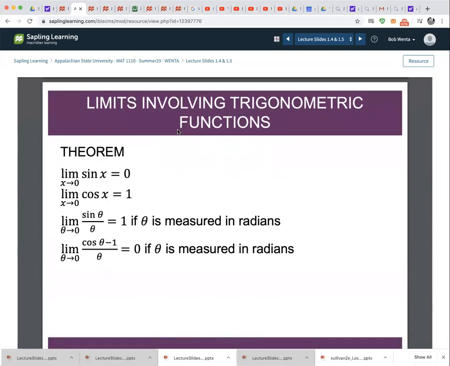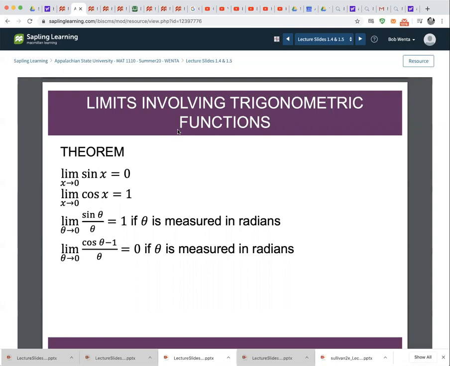What we talked about in class a little bit was I went through the graph of a sine function and recognizing that at 0, the sine is 0. And at x equals 0, the cosine is equal to 1. We had talked about that. I also worked through the idea of the limit as theta goes to 0 of sine theta over theta equals 1. We showed it by graph.